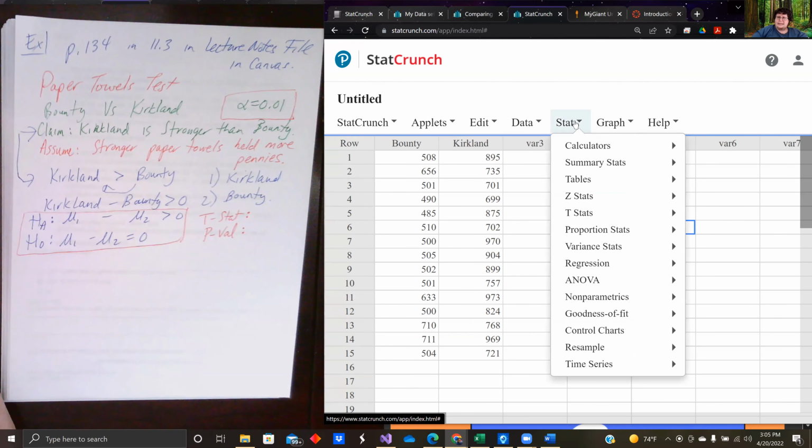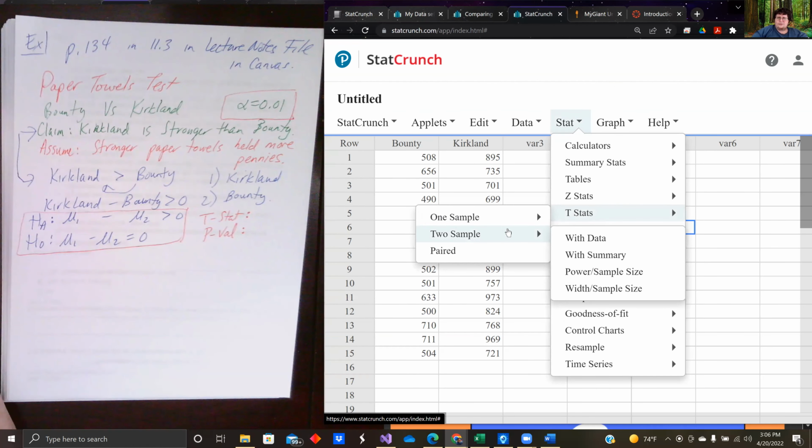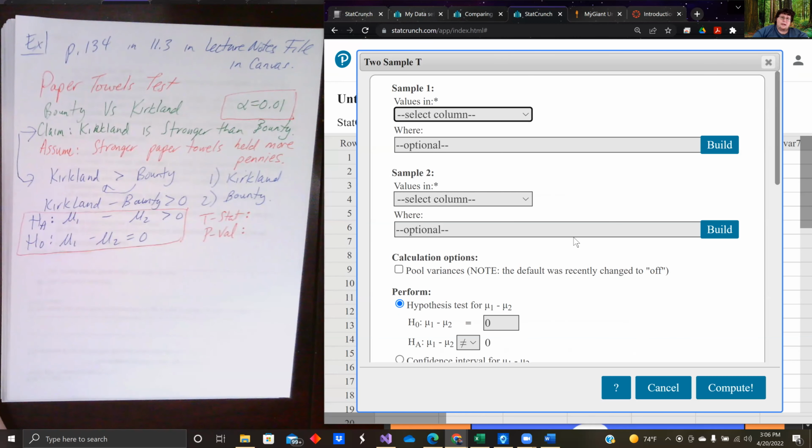So we're going to go Stats, T Stats, Two Sample, With Data. And I want Kirkland to be group 1 and Bounty to be group 2. Naming them also helped, because Bounty was in variable 1 and it said bar 1 at first.